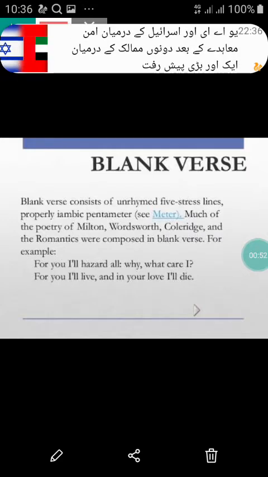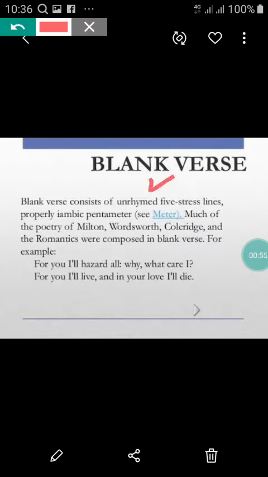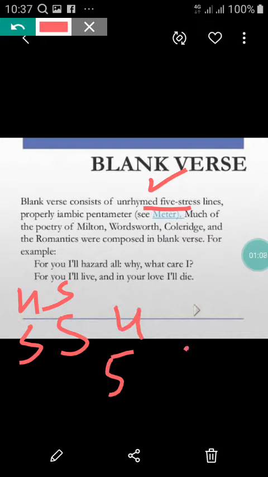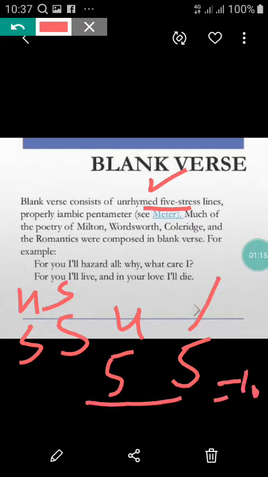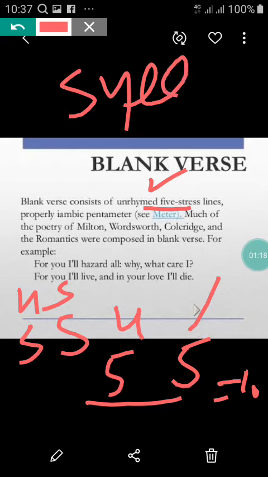Blank verse consists of five stresses and five unstressed syllables. So unstressed, stressed, they are a total of 10 syllables. Here you will find 10 syllables, which is known as iambic pentameter. Usually Shakespeare, Marlowe, and poets like these were writing in iambic pentameter.